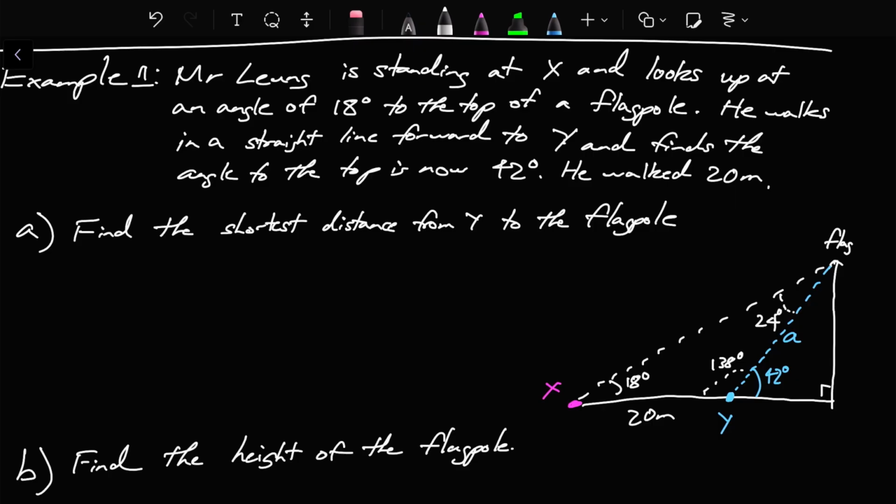Perfect. Okay. So now we have enough information because now we can apply the sine rule. Because now we have this and we have this, which gives us a side pair and an angle pair, and we've got another angle to work with. So we can write the sine rule.